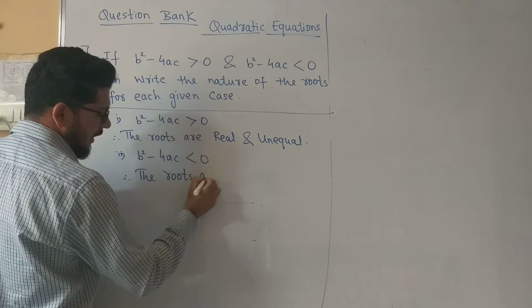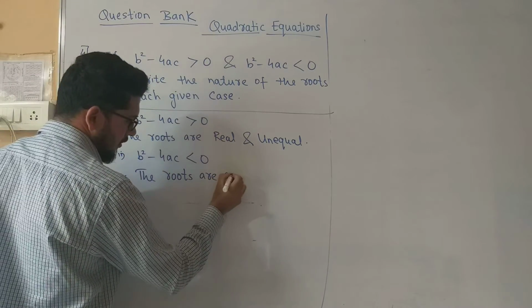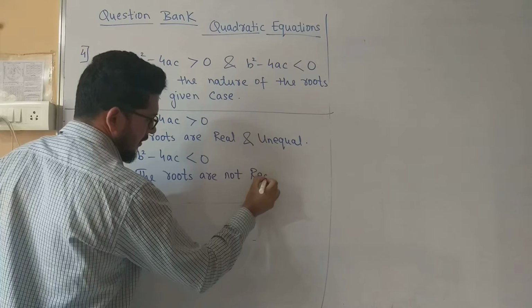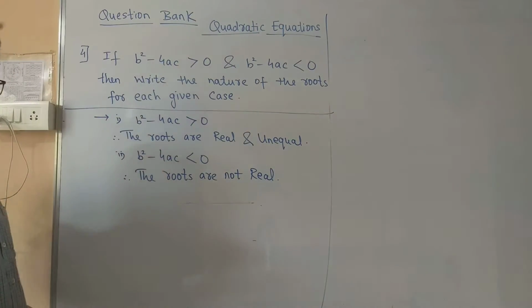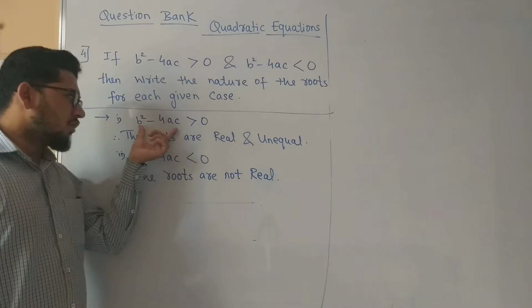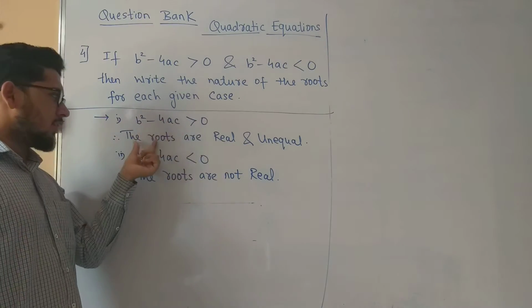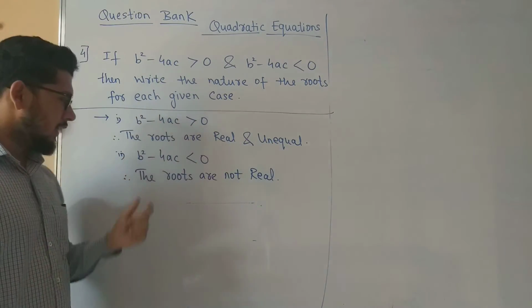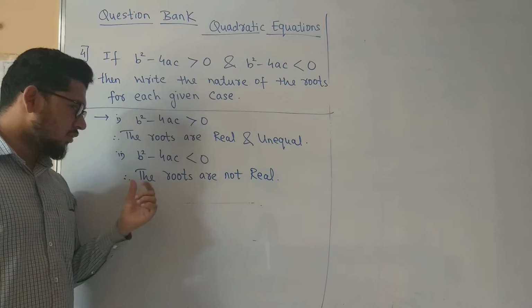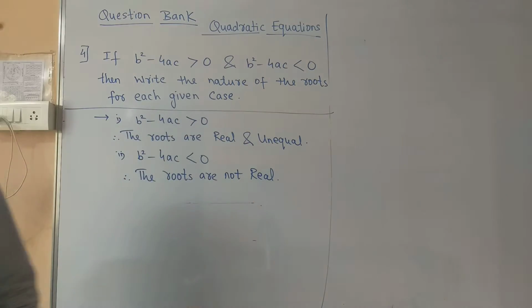This is the very simple answer. If b square minus 4ac is greater than 0, then the roots are real and unequal, and if b square minus 4ac is less than 0, then the roots are not real. Write it down fast. So this is the answer of these equations.